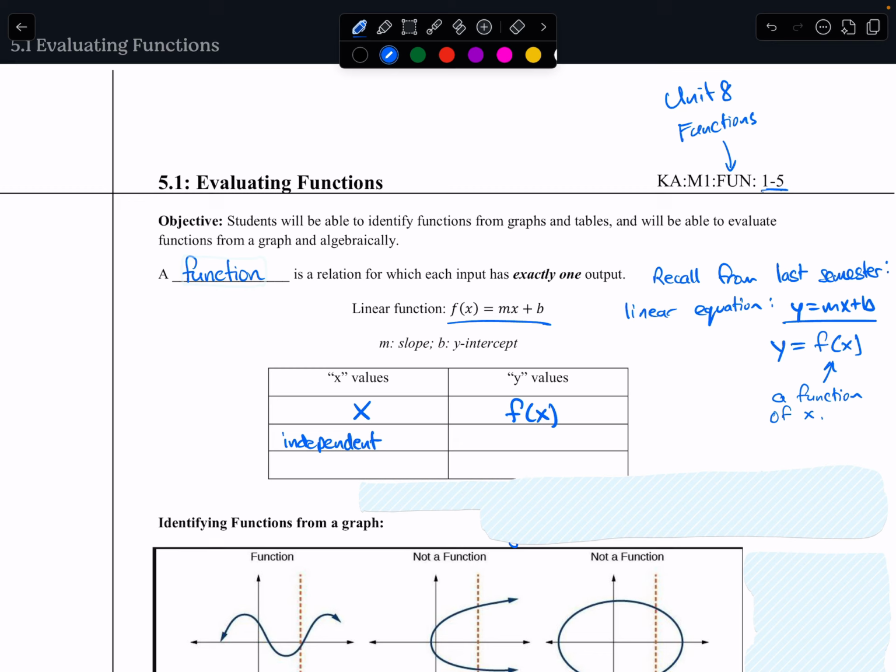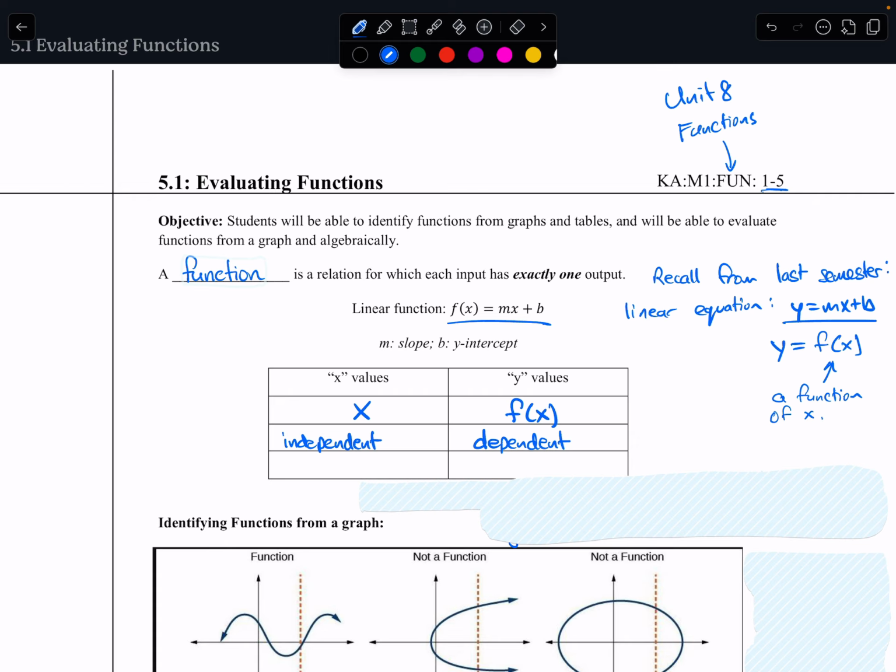So they can be whatever you want them to be, but once you pick that x value, then you can use that function to determine what the y value will be, or what that f of x value will be. And because of that, our y values are the dependent variable. They depend on what x is.